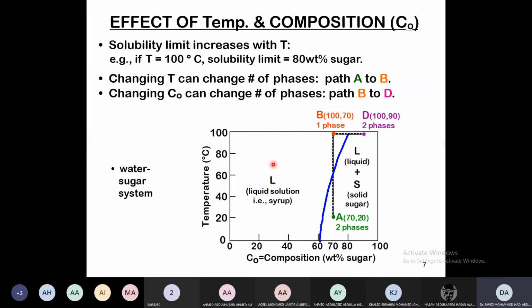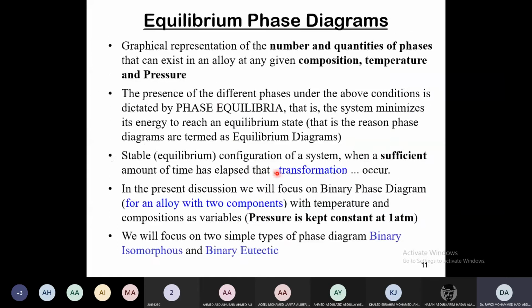How many phases do we have, and what the phases are. So it is a representation of the number and quantities of phases that exist in an alloy. For an alloy, you can say from its phase diagram which phases are present at a given composition, temperature, and pressure. We will come to pressure later, in this slide at the end.